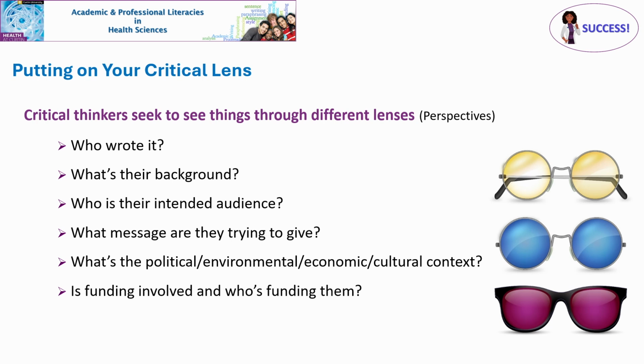Is it a general article for anybody to engage with, or is there a focused audience? Are they trying to give a specific message? What's the political, environmental, economic, cultural context of this research or of this paper? And is funding involved in any way? And if there is, who's funding them?